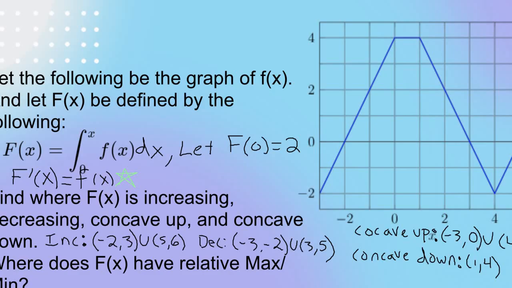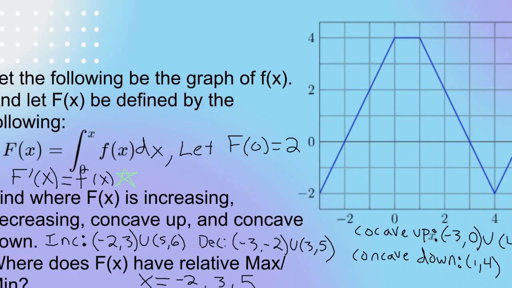So we're looking at where our derivative equals 0. But what's the derivative of big F? Little f. So we're looking at where little f equals 0. Where do we equal 0 there? -2, 3, and 5. Okay?